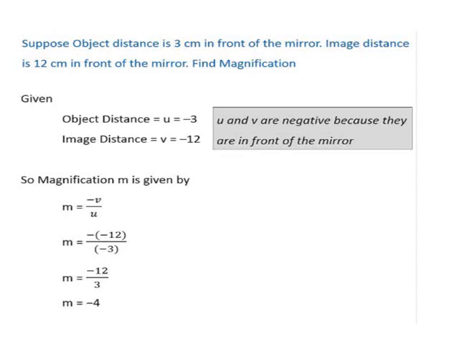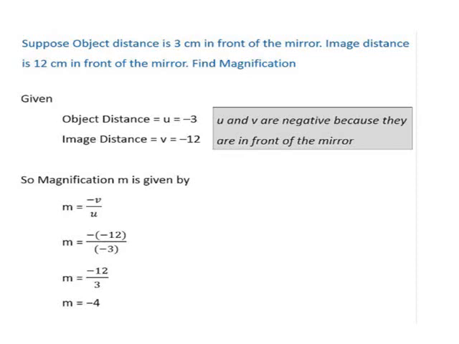Now use the formula magnification is equal to minus V by U. While substituting the values, you have to be very careful. Now magnification M is equal to minus, so that minus comes first, and V, what is the value of V? Minus 12. So minus of minus 12 by U. What is the value of U? Minus 3.